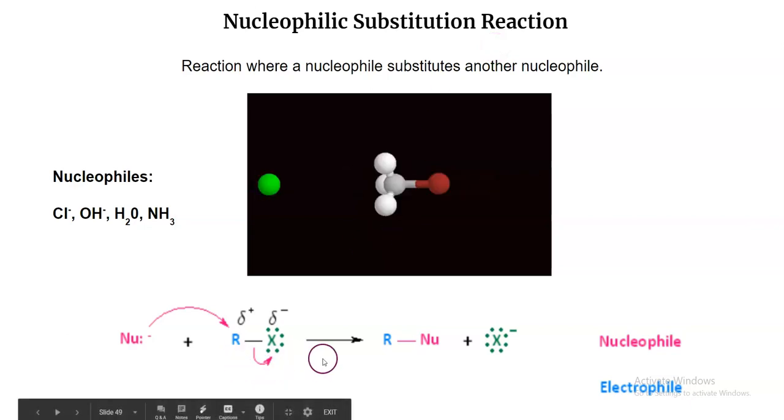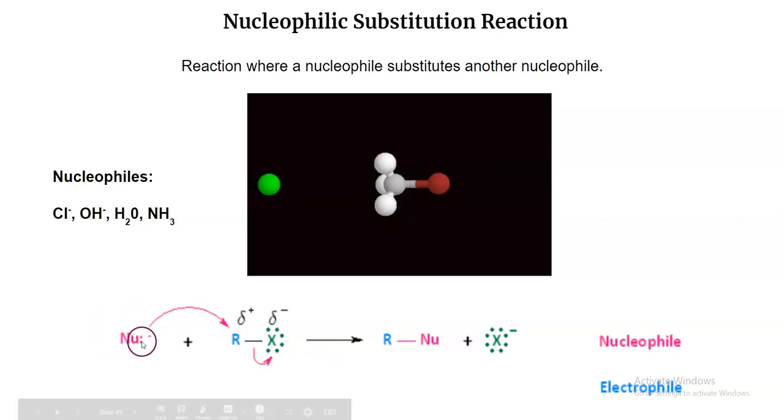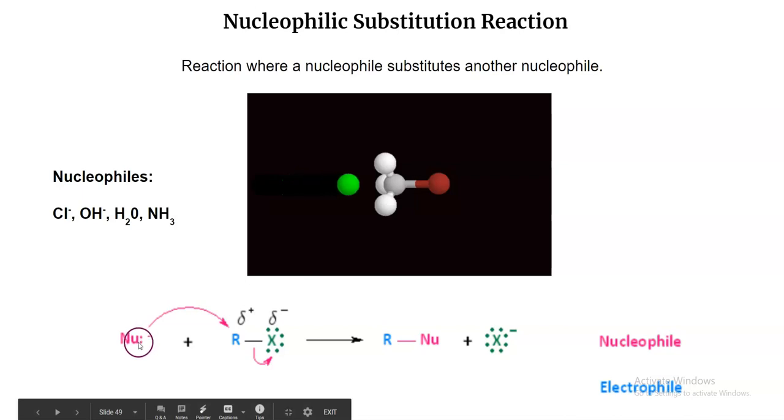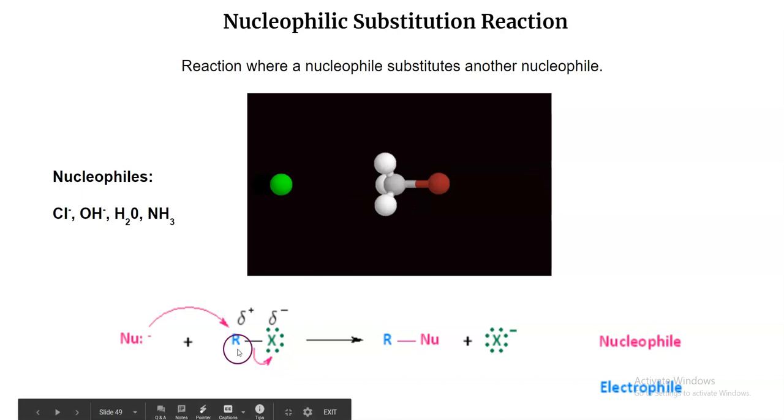And this is a generic example here. There's a nucleophile, in this case it's a charged nucleophile, Nu minus, you can see those extra electrons, rich in electrons, right? This is attacking a substrate, which has an electrophilic part, of course, the positive part, that's where the nucleophile is going to go and bond. And there's also the nucleophilic part, which is going to leave. We call this a leaving group, the X part, or the X minus actually. This whole thing is a substrate.